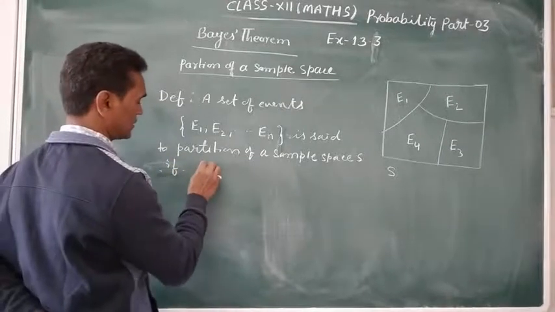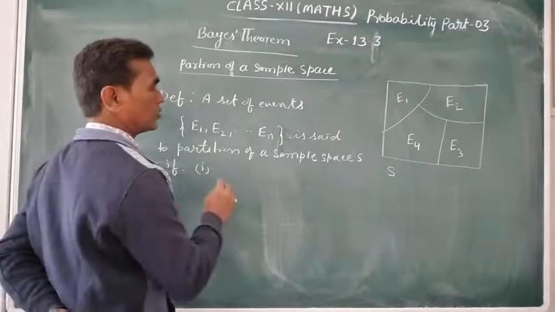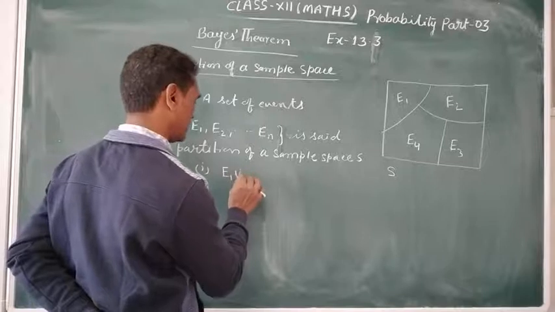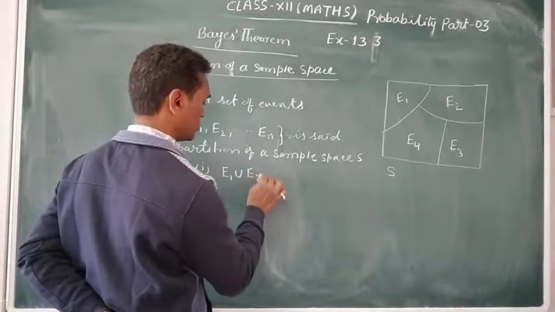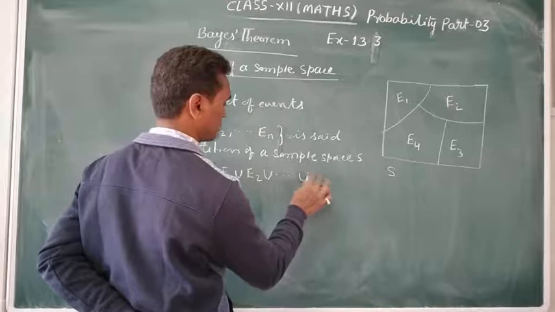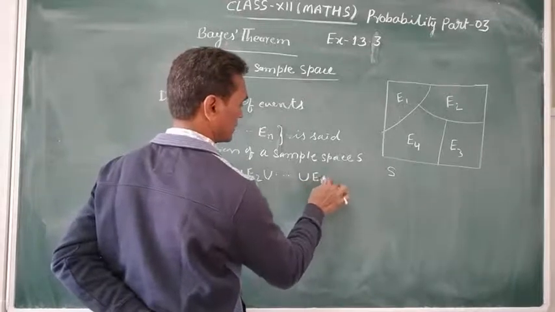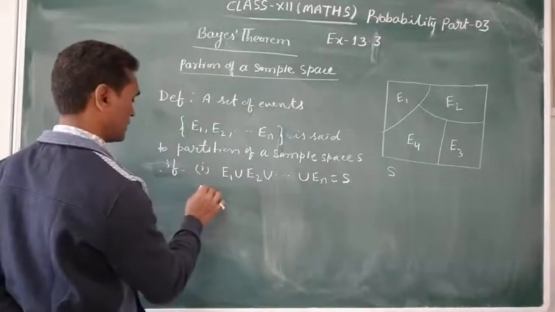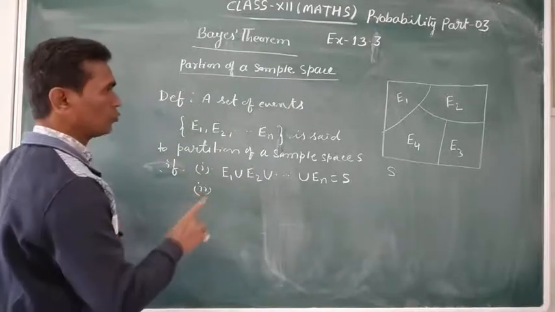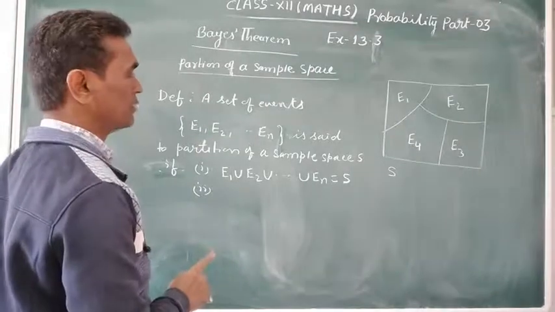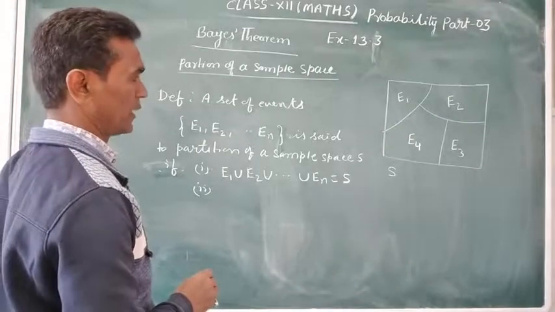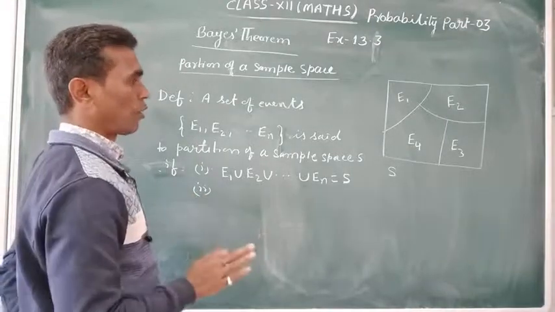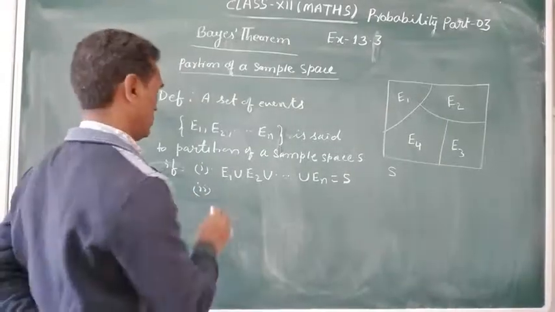first condition is the union E1 union E2 union up to En is equal to S. Second, any two events must be mutually disjoint. It means any two events have no common elements.